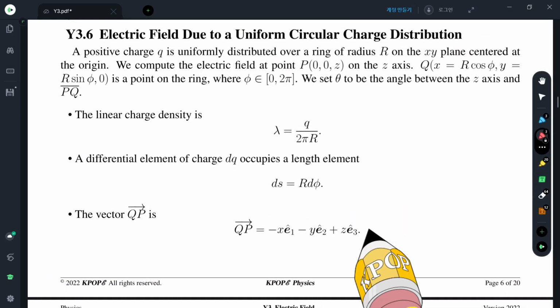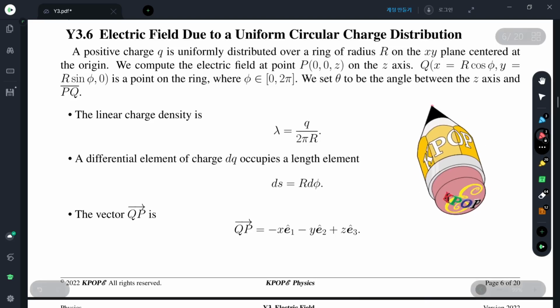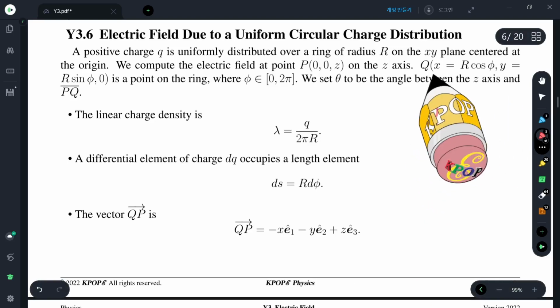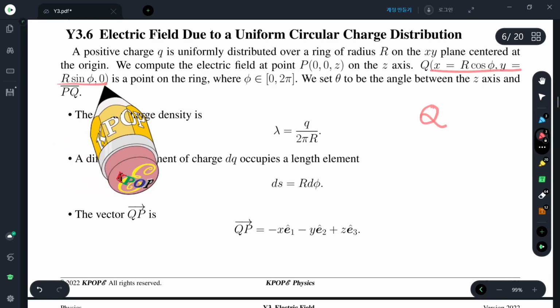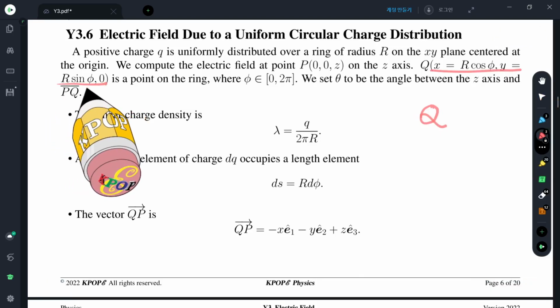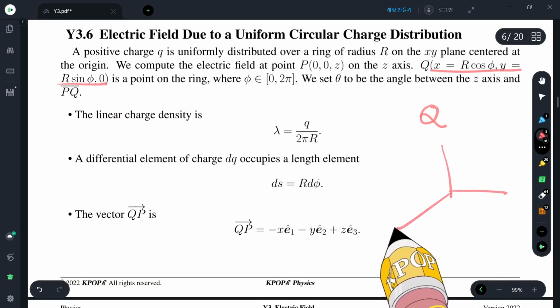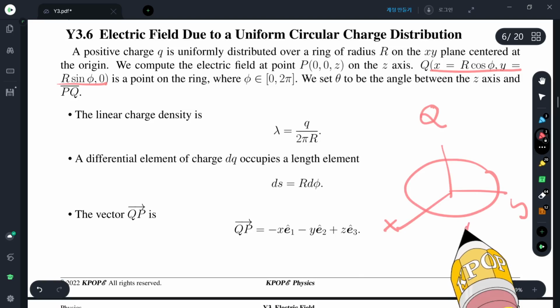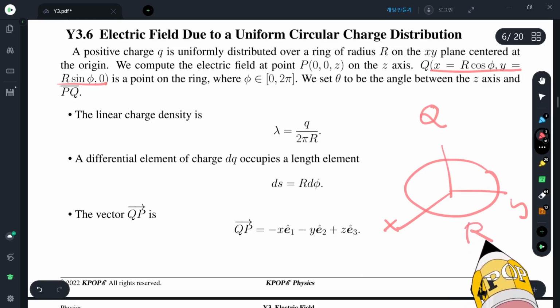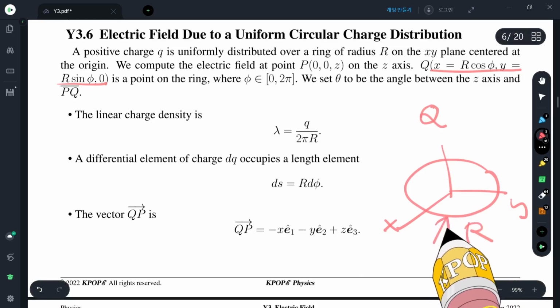We compute the electric field due to a uniform circular charge distribution. We have a capital Q distributed over a circle of radius r on the xy plane. So this is the distribution of source.